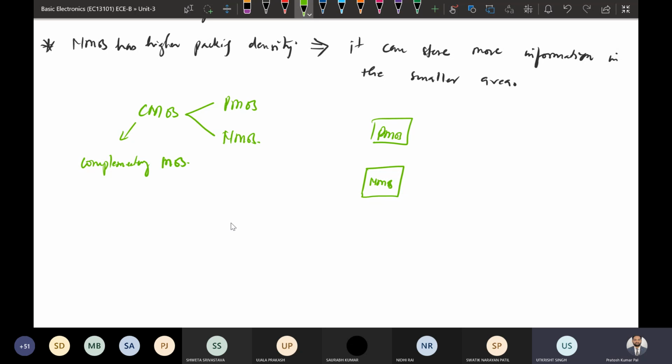So if a circuit is made that has the PMOS as well as the NMOS, here inputs are there, and here the output is there. So here NMOS as well as PMOS is used to fabricate the circuit. So this is called a CMOS circuit.